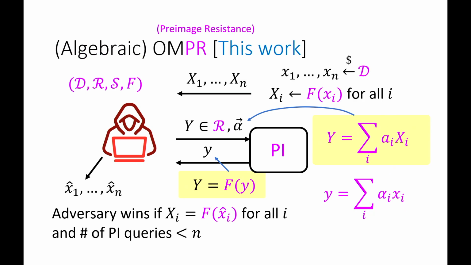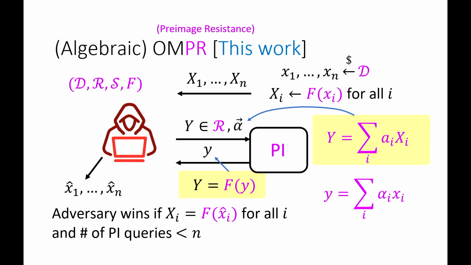And then by applying our conversion, we can adapt the one-more d-log assumption to the linear hash function setting. Here the main difference is that we replace the d-log oracle with a pre-image oracle, which takes an element in R as input and returns an element in the pre-image of y under F. In order to access the pre-image oracle, the adversary must provide the representation alpha, and thus the challenger can compute this little y as the sum of alpha i times xi.